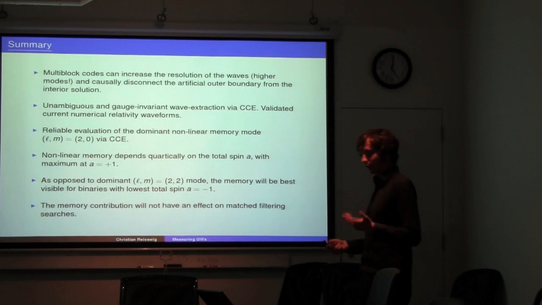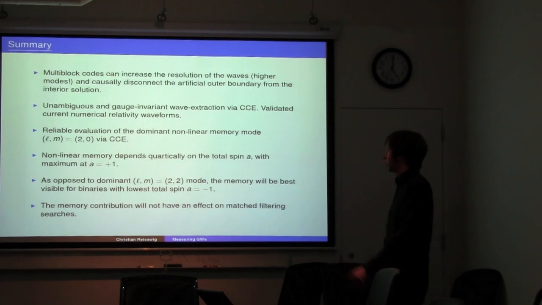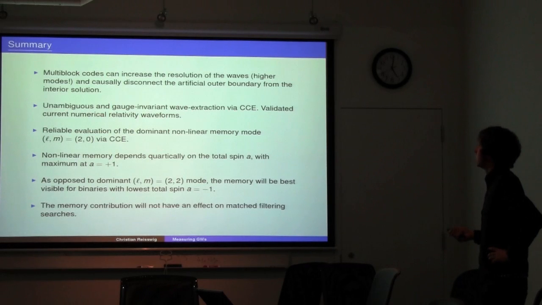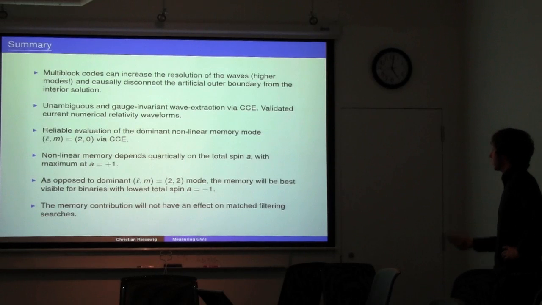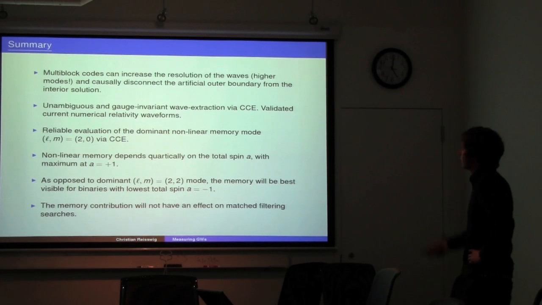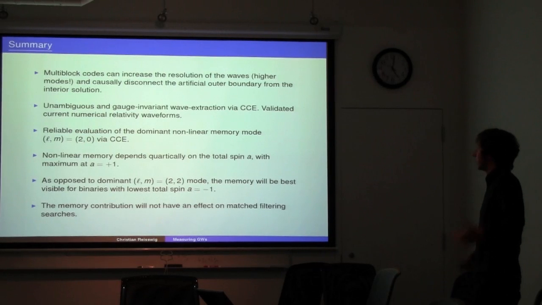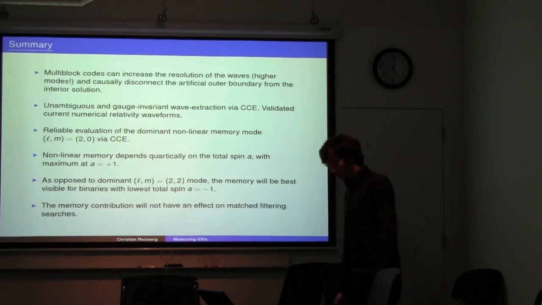So the boundary data that we generate on these world tubes is causally disconnected from the outer boundary. I've talked about the unambiguous gravitational wave extraction and shown that this is gauge invariant, and that current numerical relativity waveforms are all right. The extrapolations are very accurate.